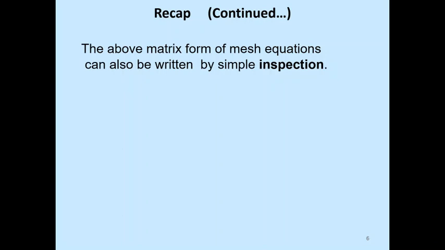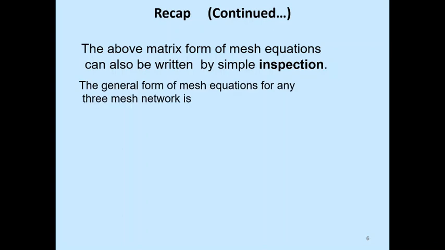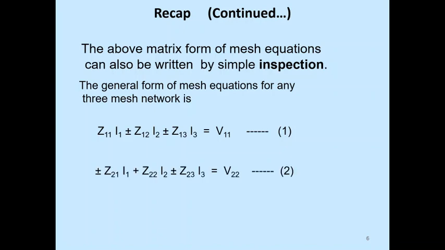The above matrix from the mesh equations can also be written by simple inspection. The general form of mesh equations for any three mesh network is Z11 I1 plus or minus Z12 I2 plus or minus Z13 I3 is equal to V1. Plus or minus Z21 I1 plus Z22 I2 plus or minus Z23 I3 is equal to V2, that is the second equation.